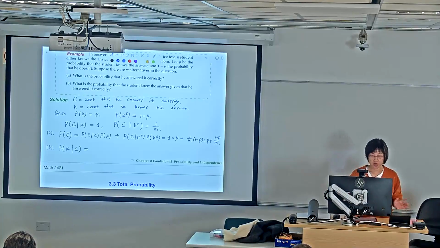Okay, so the computation is actually quite simple. We just need to know the interpretation, what this means. If you want to compute the conditional probability, use the definition.